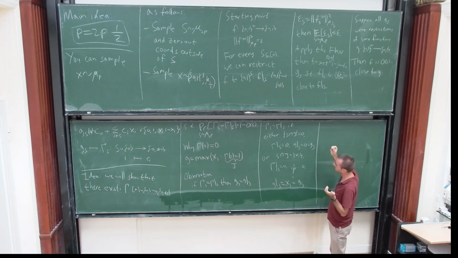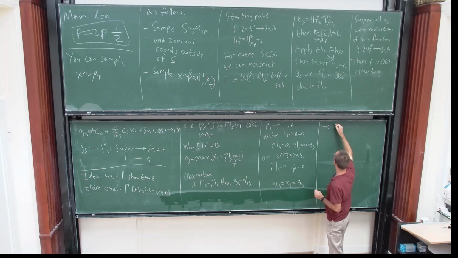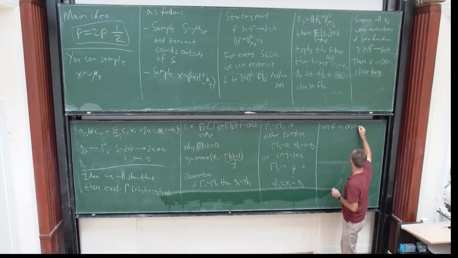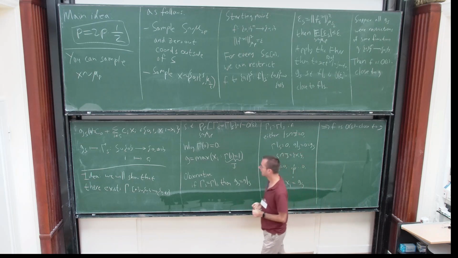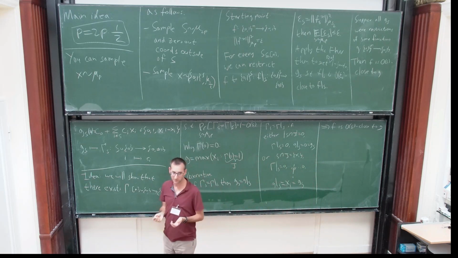Okay, so what does this mean? This implies, you have to do a short calculation, but this implies that F is order epsilon close to G. Why is this the case? What's the probability that F is different from G?